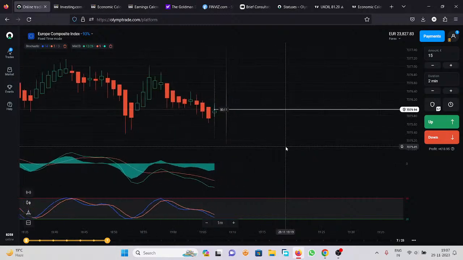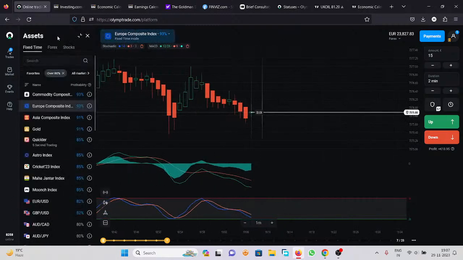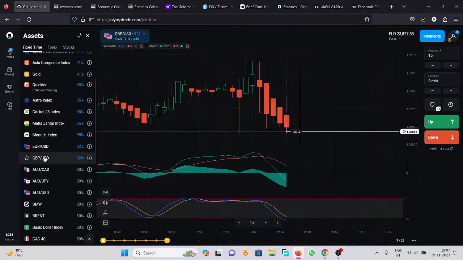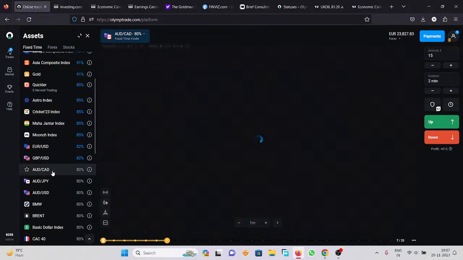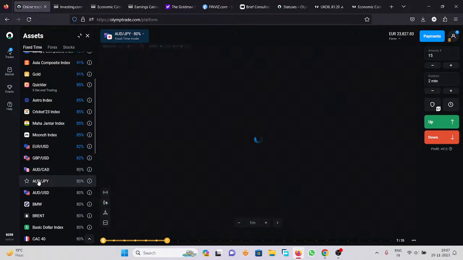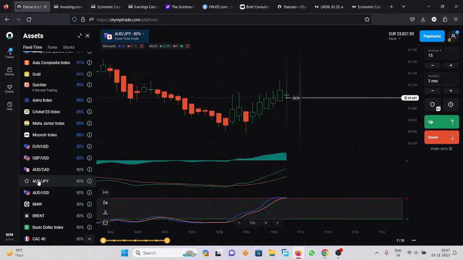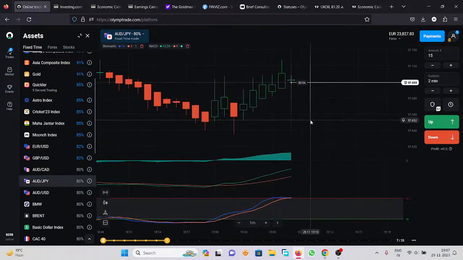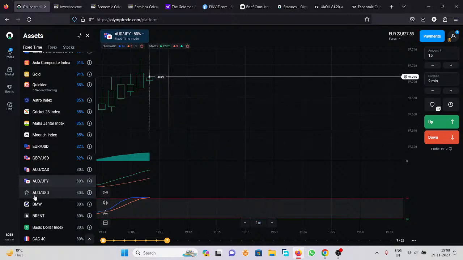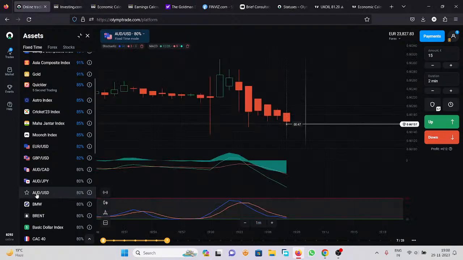What is the entry time? The most important question. What is the entry time for trading? If you are putting the graph time at 1 minute and you are getting a signal, remember, as soon as the candle starts, you should start the trade. Again, I am repeating. If you put the graph time at 1 minute, then try to open the trade in the first 10 seconds or maximum 20.